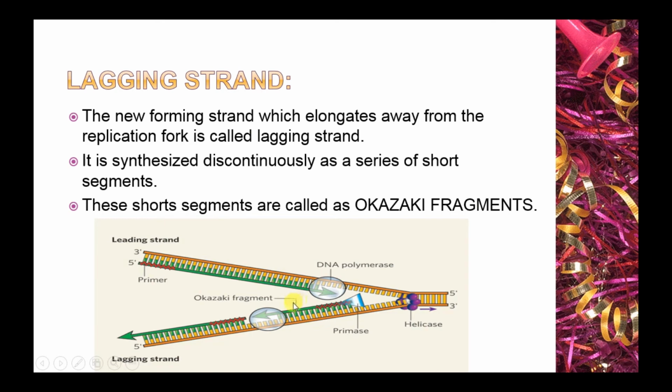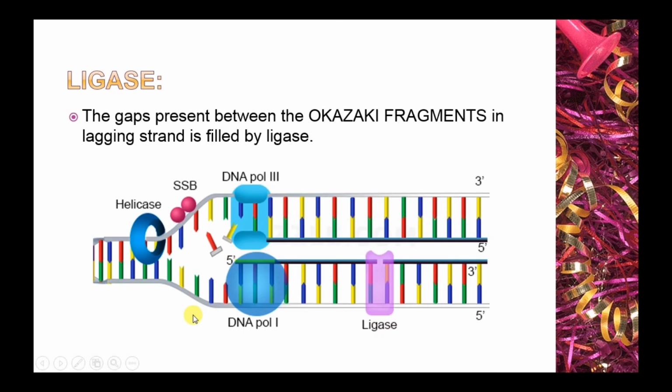One more thing which is important for you is that here you can see the gaps that are present between the segments. Now our next enzyme will let you know how these gaps are being filled. Our last enzyme used in replication, the most important one, is ligase.